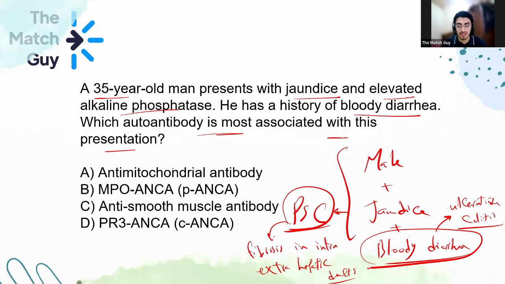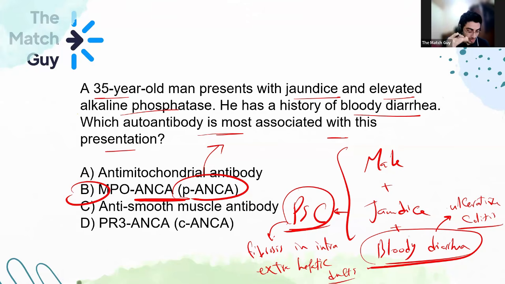So what is the autoantibody associated with primary sclerosing cholangitis or ulcerative colitis? P-ANCA. Okay, P-ANCA. This is the autoantibody associated with PSC or ulcerative colitis. And can someone tell me this autoantibody is directed against which cells in the body?